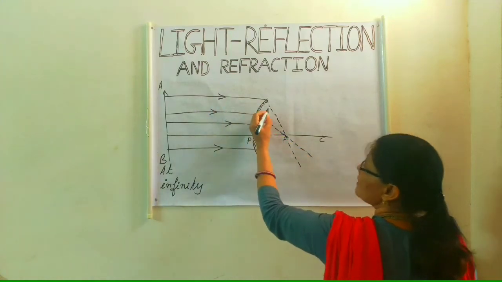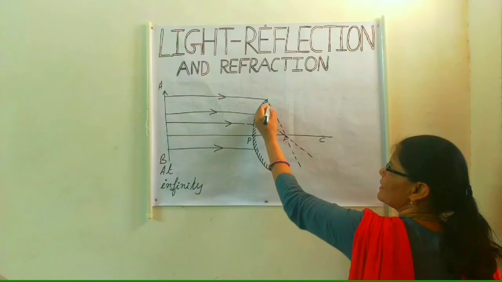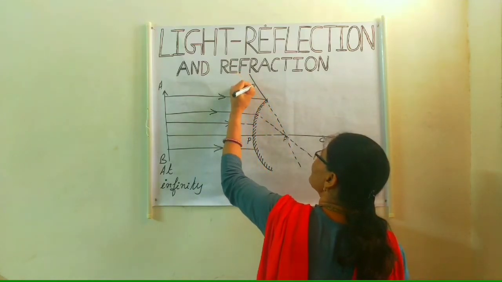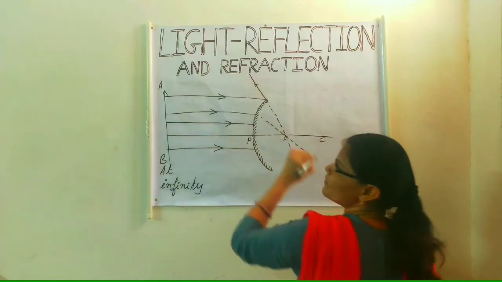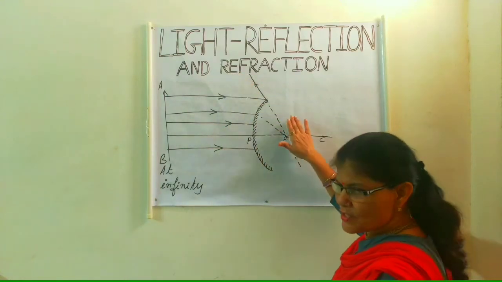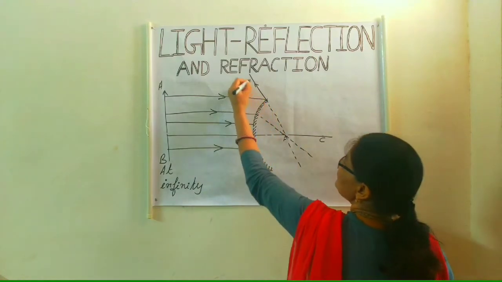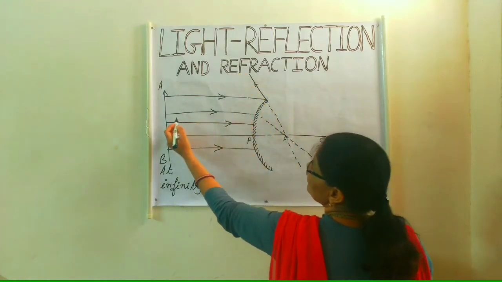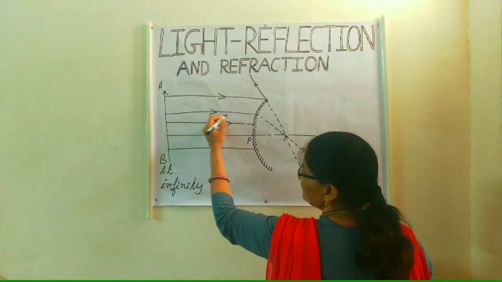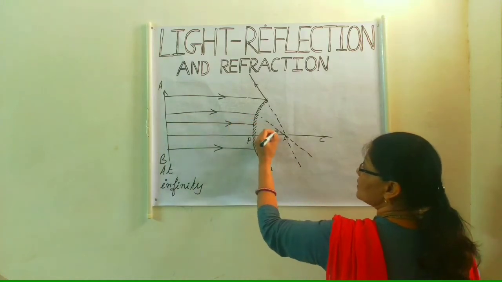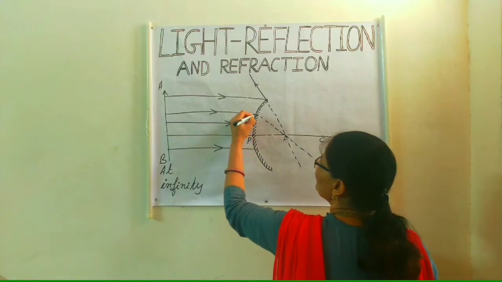When it gets reflected, it passes to the focus and it will appear like this. This is our reflected ray. This is the imaginary line because this is at the back side of the mirror. When this parallel ray comes from the source at infinity, it will pass through the focus like this and emerge here.